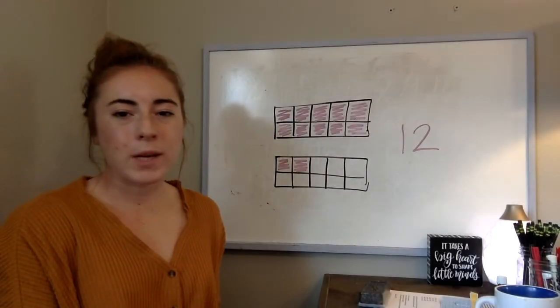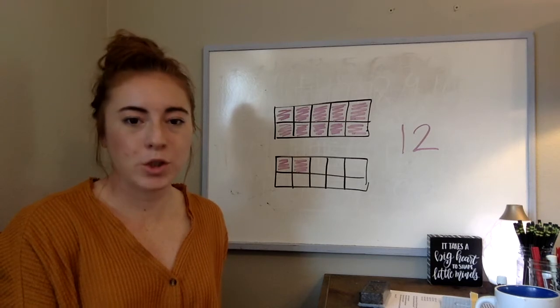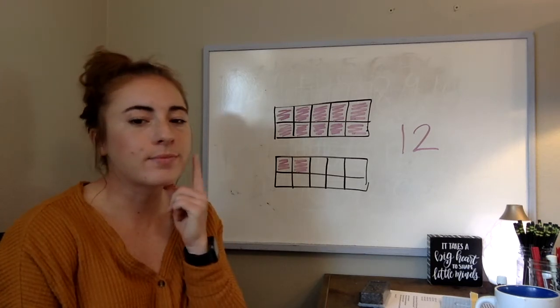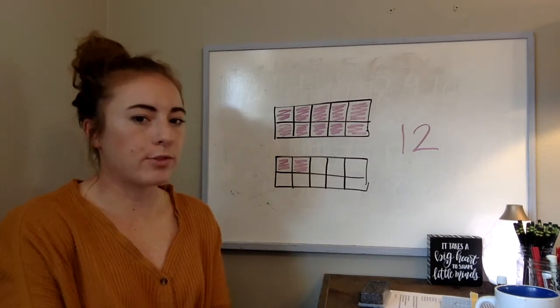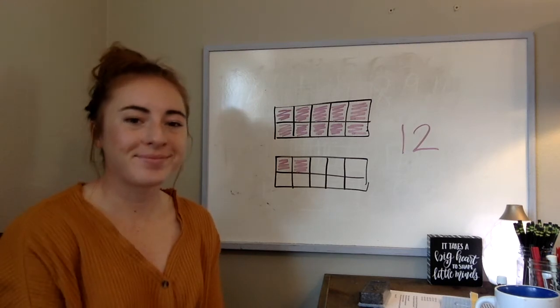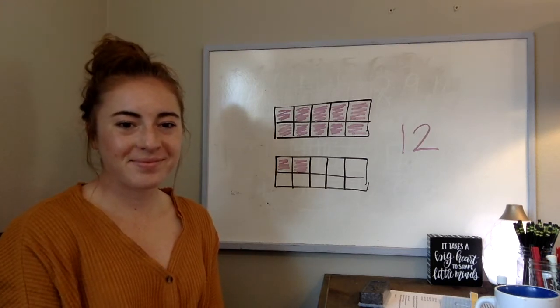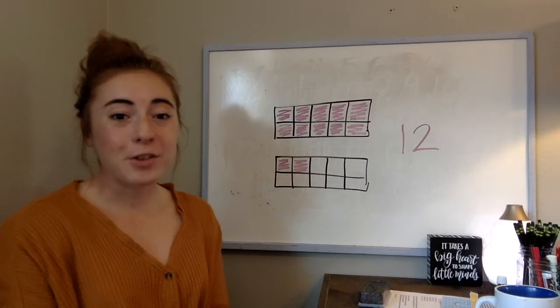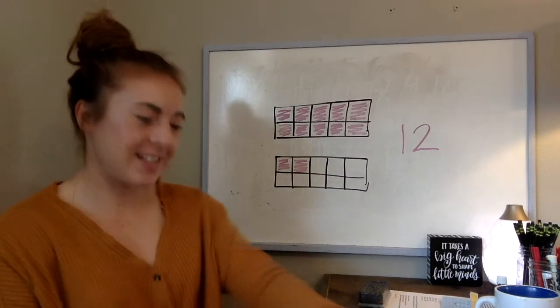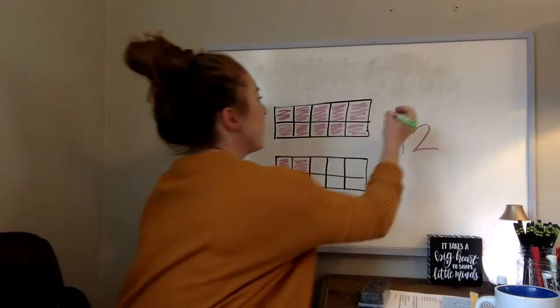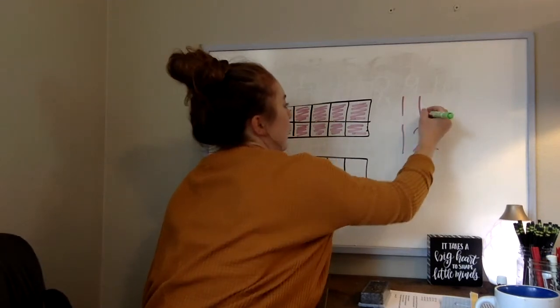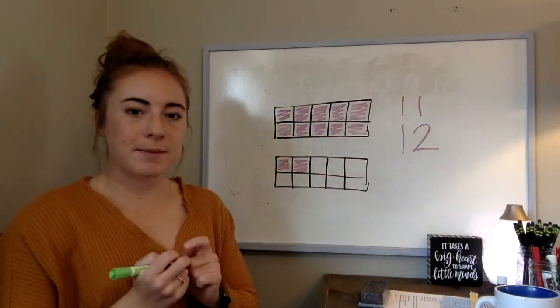Can you tell me what number comes before 12? What comes before 12? I'll give you a minute to think about it. If you're thinking 11, you're right. Let's draw an 11. Remember, 2 sticks.